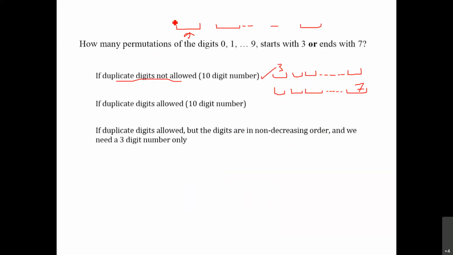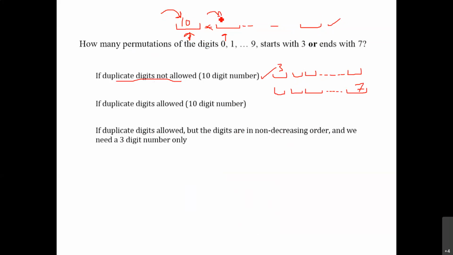So the number is made up of 10 digits. For the first digit, I can choose 0 up to 9, so 10 possibilities. Then for the next position, how many possibilities do I have? Now they decreased by 1. Whatever you chose here, you can no longer choose here.